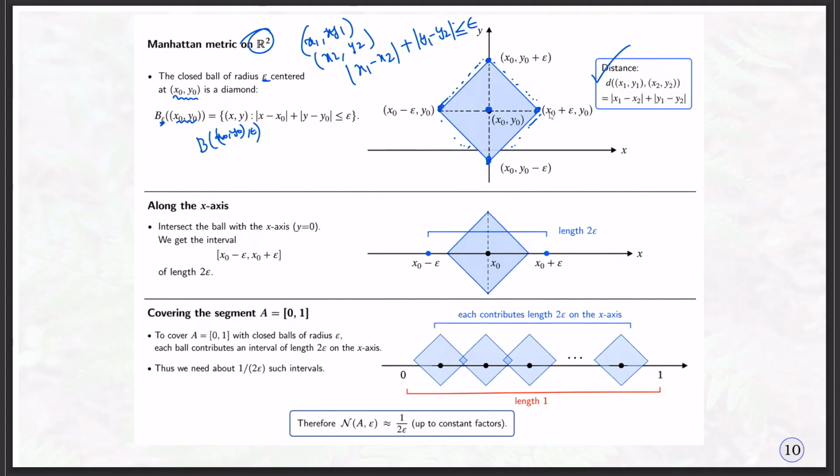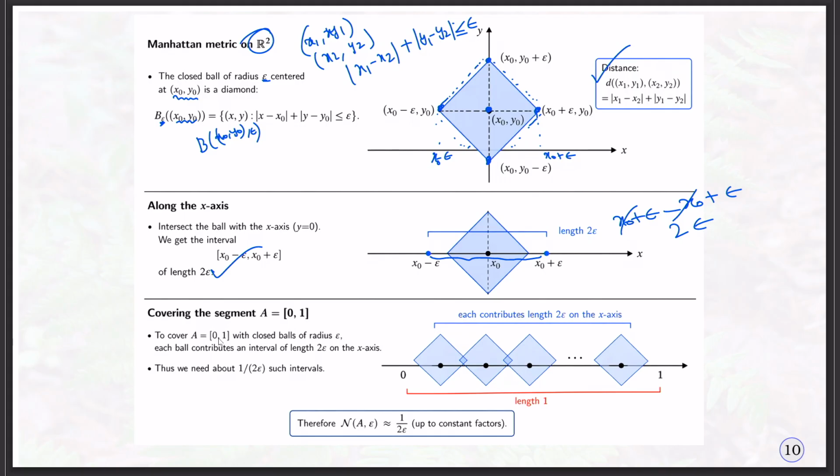Now, you will get x naught minus epsilon here and x naught plus epsilon here. So, the total length is x naught plus epsilon minus (x naught minus epsilon), the x naught will cancel, and you will get 2 epsilon, an interval of length 2 epsilon.